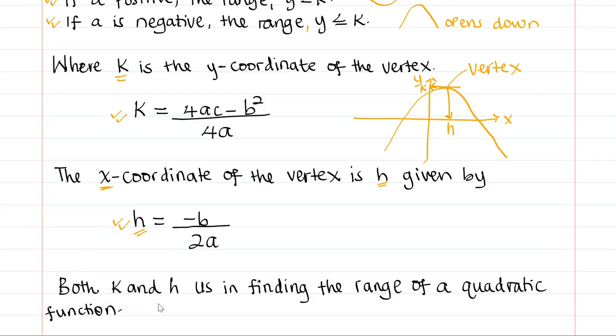Both k and h assist us in finding the range of the quadratic function. As we have said, the range depends on the vertex or on whether the curve opens up or down.